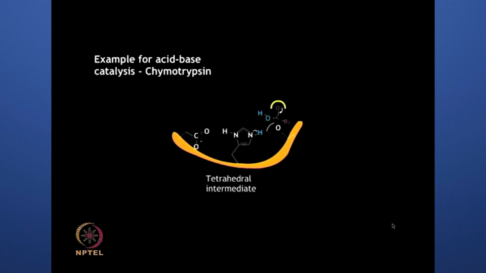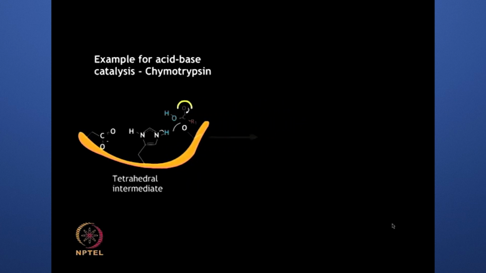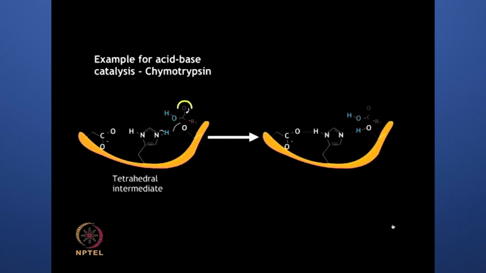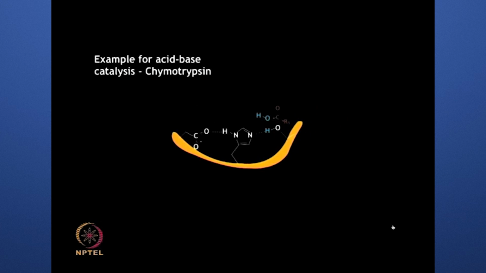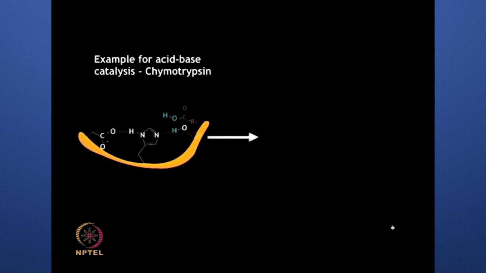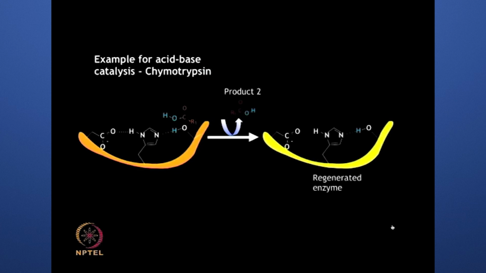The tetrahedral intermediate then breaks down to liberate the second product in the form of a carboxylic acid, along with regeneration of the enzyme, which is then ready for another round of catalysis. Internal proton transfers between amino acid side chains therefore play a vital role in acid base catalysis by enzymes.